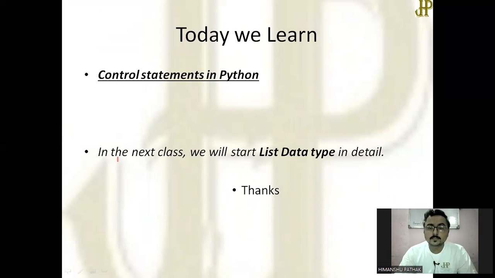In the next class, we will discuss the list data type in detail. I already discussed various data types in the previous lecture, but now we will discuss list in greater detail. What can we do with the list data type? So for now, thank you so much.